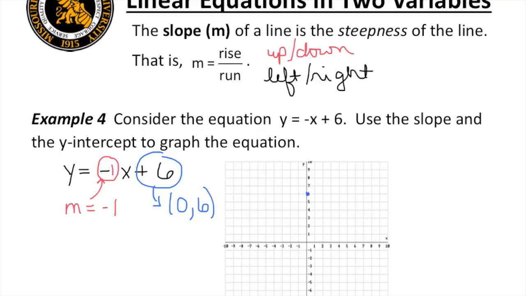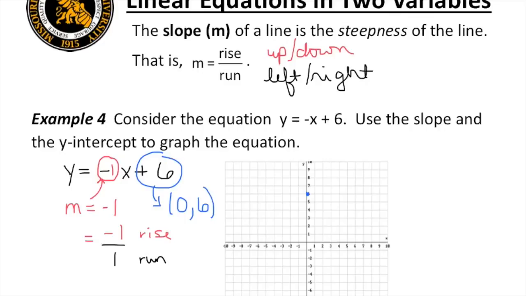So looking at our slope of negative 1 and rewriting it as negative 1 over 1, we can see that our rise is a negative 1 and our run is a positive 1.